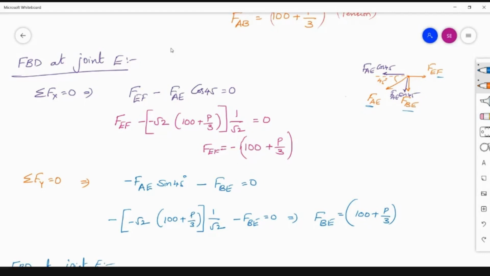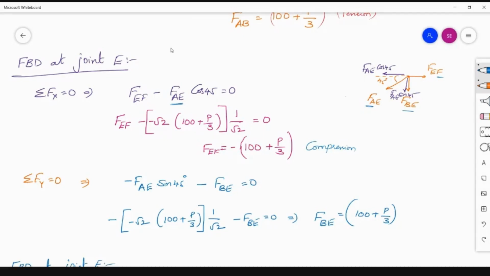So you will get sigma Fx is equal to 0. FEF is positive. FEF minus FAE cos 45 is equal to 0. Substituting FAE value here, we will get FEF as minus of 100 plus P by 3. And this is compression. Negative is indicative of compression.